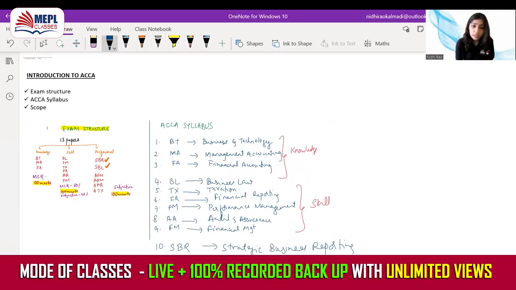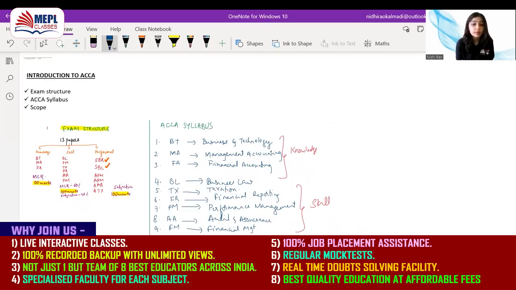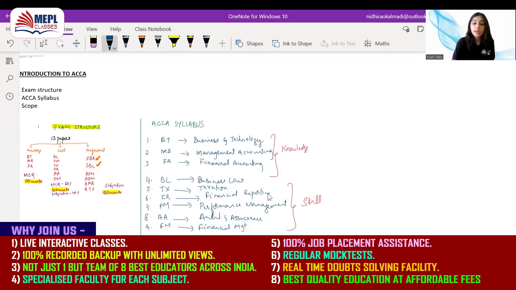And similarly, you have your next paper, that is AFM, which is advanced financial management. So you have to get your basics right in the skills level when you're doing financial management.